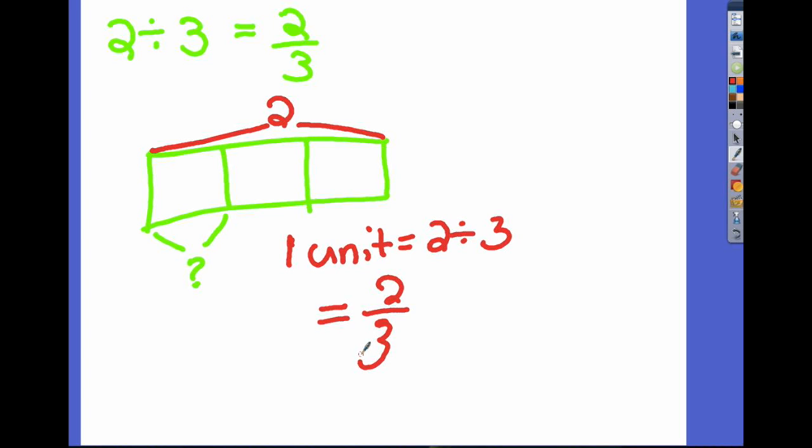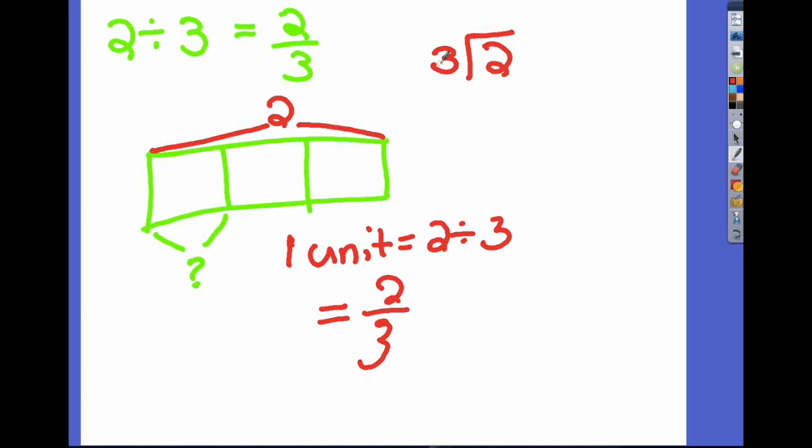Now I want you to check your work. So one part of your assignment will be drawing the tape diagram. One part will be checking your work. How do I check my work? Divide. Okay, so which goes in the box? 2 goes in the box. How many times is 3 going to 2?